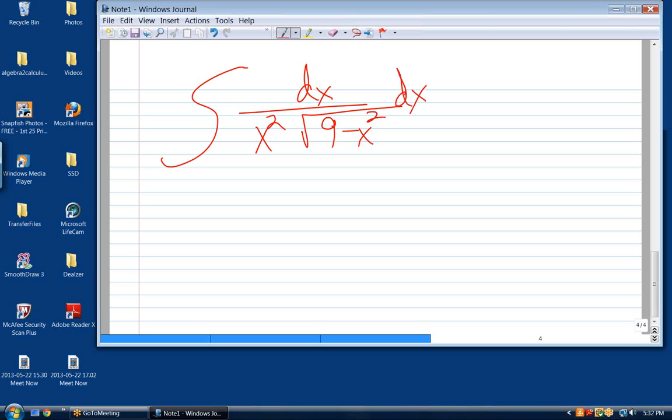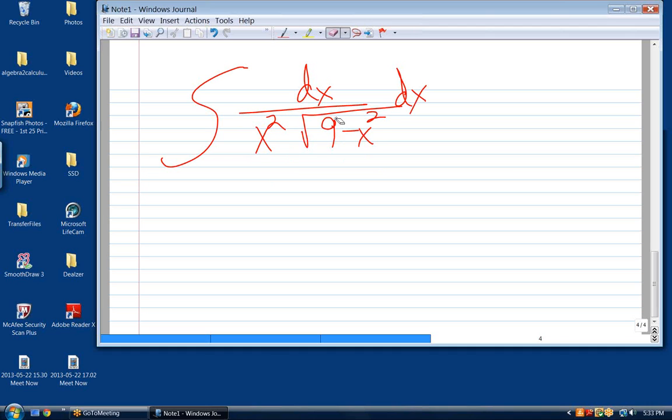First note that none of our basic integration rules apply here. Notice that the derivative of the inside, if I were to let u equal 9 minus x squared, is 2x. Well, what are we going to do with that? We've got nothing to do with that, so u substitution isn't going to work.